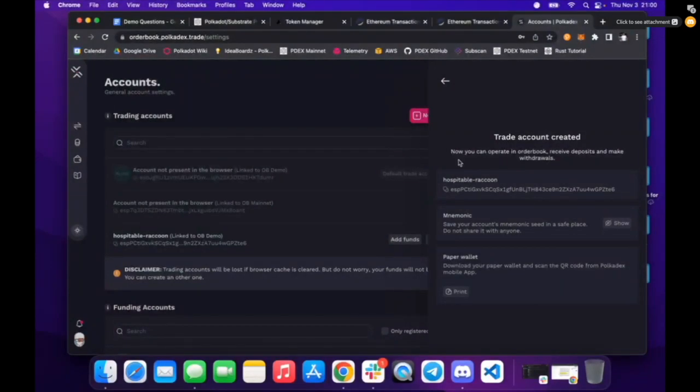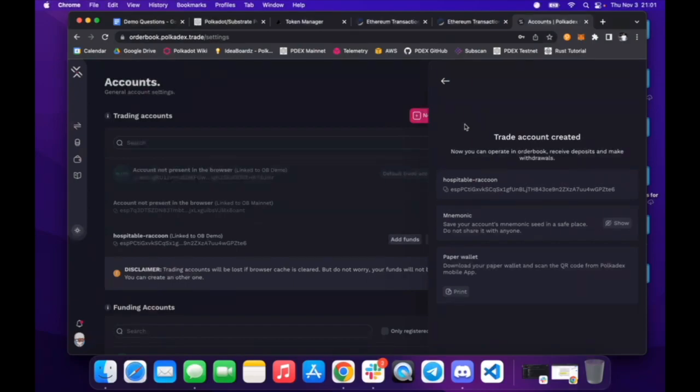So let's say I am using my Chrome browser now. I created an account here. I open another browser which supports Polkadot.js extension, and all your trading account data is stored on the browser. We are not storing it anywhere in a centralized place. It's all stored in your browser.